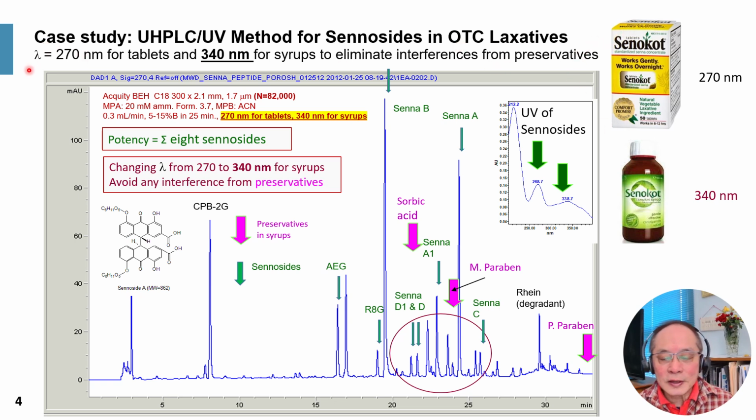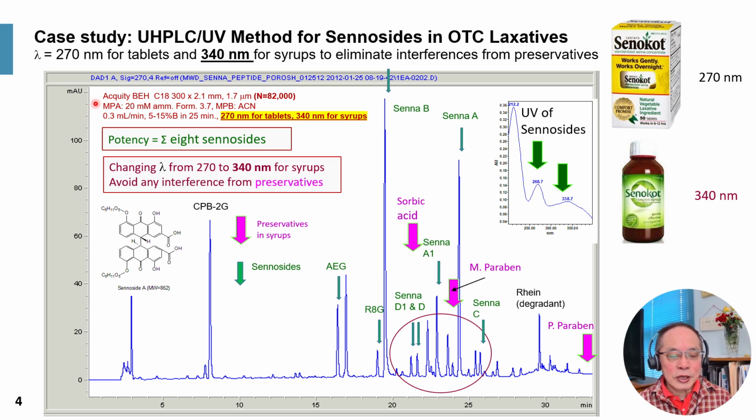We have developed and validated a method for a Senokot drug product using a wavelength of 270 for tablet. However, we changed it to 340 for syrup to eliminate any interferences from some of the preservatives only found in syrup.